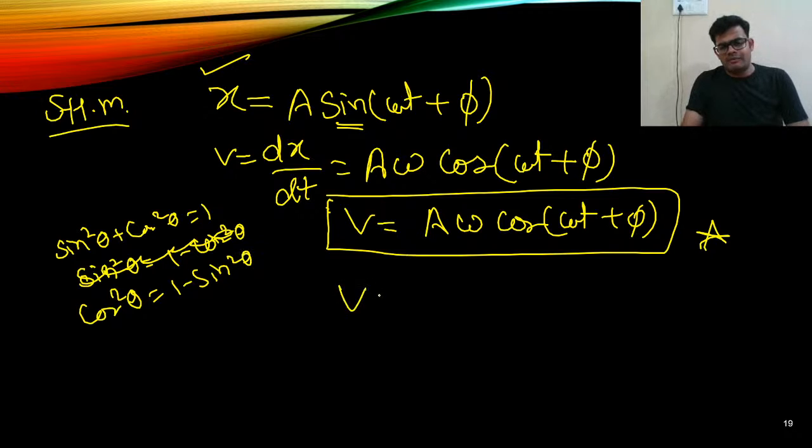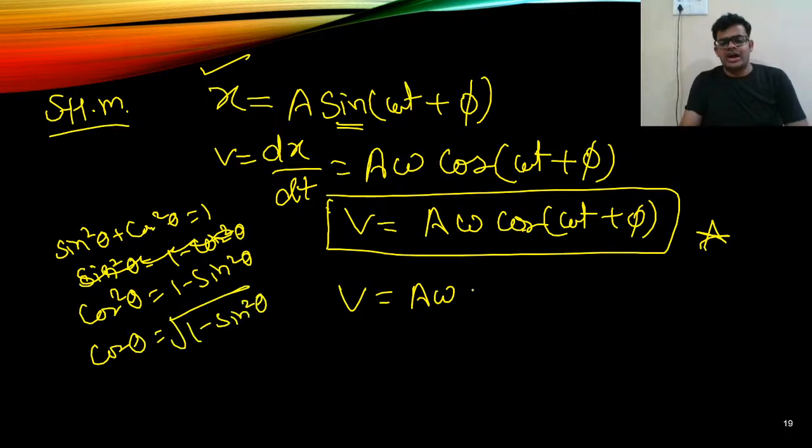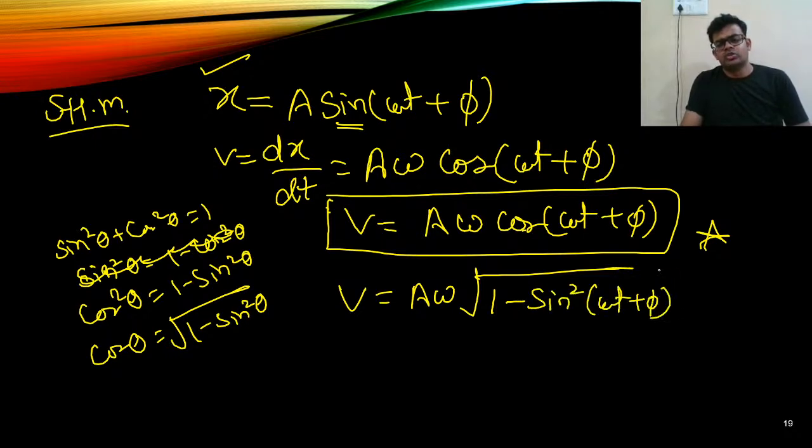So cos theta can be written as root of 1 minus sine square theta. I can write here under root of 1 minus sine square omega t plus phi. So this is the formula of velocity: v is equal to a omega root of 1 minus sine square theta.